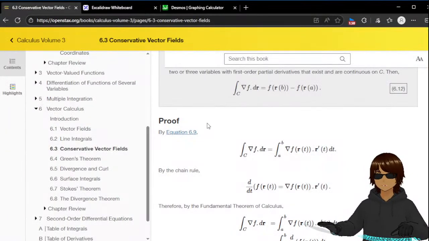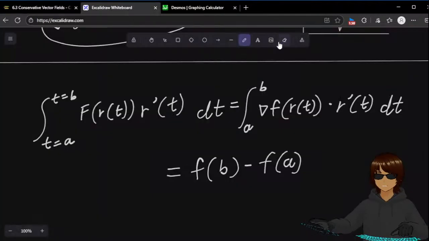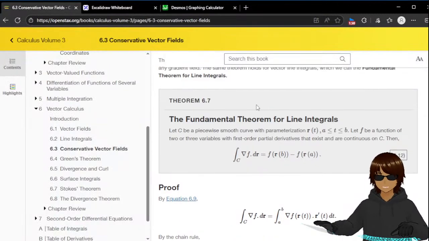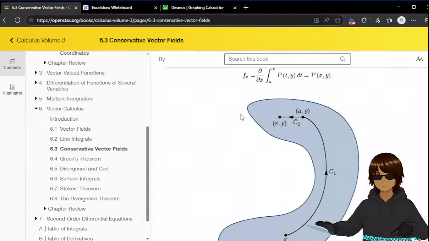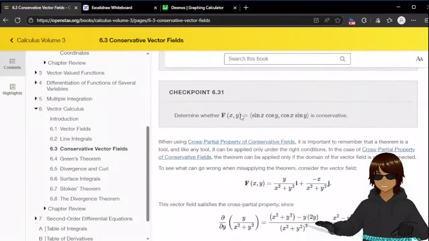Sorry, not A and B, f of r(B) minus f of r(A). This is the fundamental theorem for line integrals. That's the main part, right?